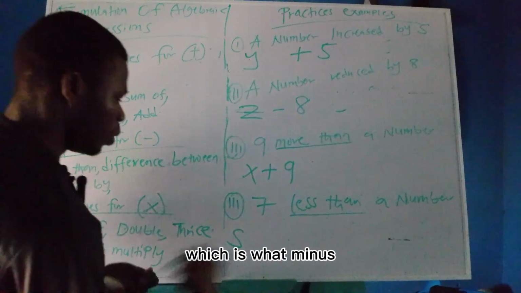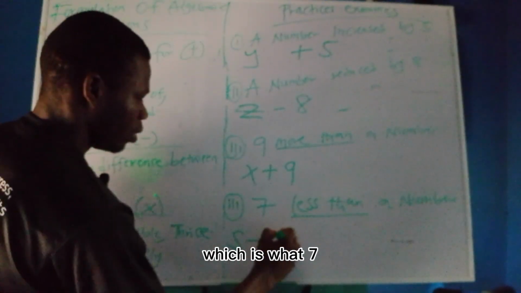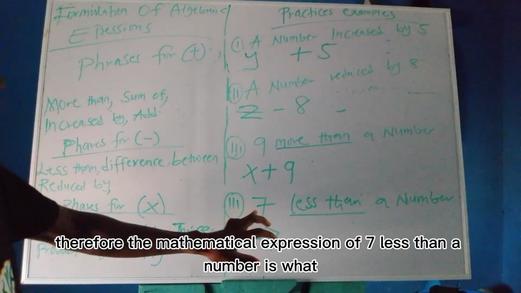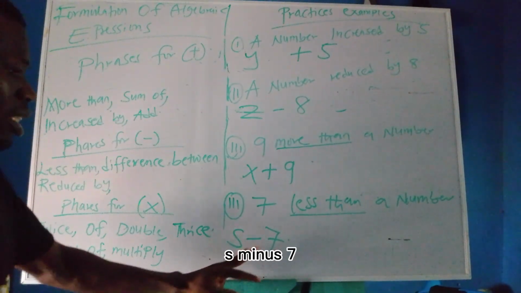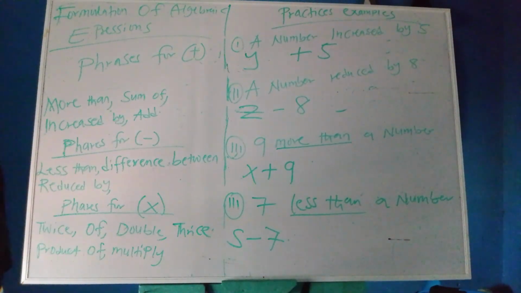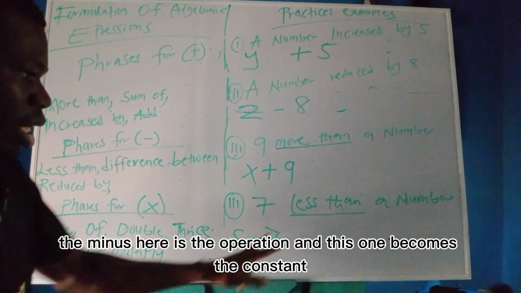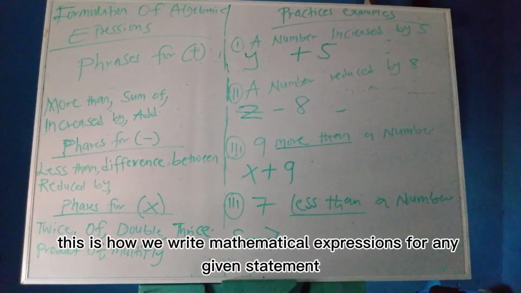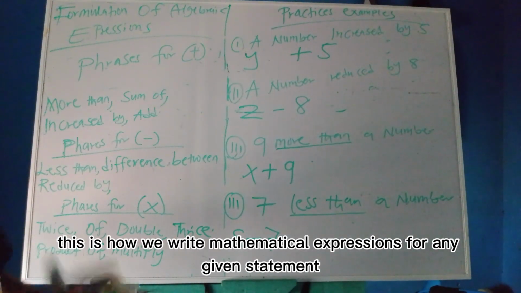We are removing, which is minus. How much are we removing? 7. Therefore, the mathematical expression for 7 less than a number is s minus 7. The s here represents the variable, the minus is the operation, and this one becomes the constant. This is how we write mathematical expressions for any given statement.